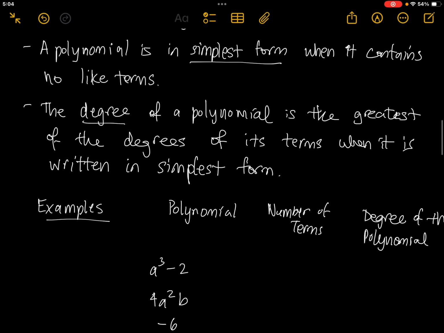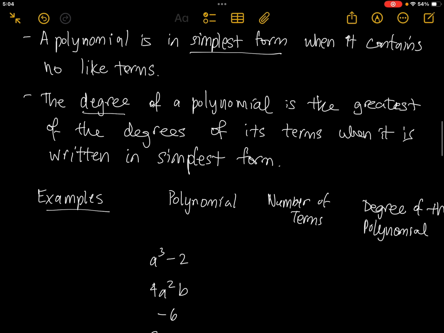Okay, so let's just look at examples to see what that means. So I have a bunch of examples. So for the first one, a cubed minus 2, how many terms do I have? Well, how many things are being added or subtracted? That's what the question is asking. And when I look at a cubed minus 2, I see that I have one term which is a cubed and another term which is, well, it's a cubed minus 2.